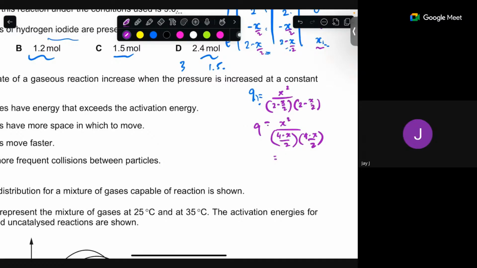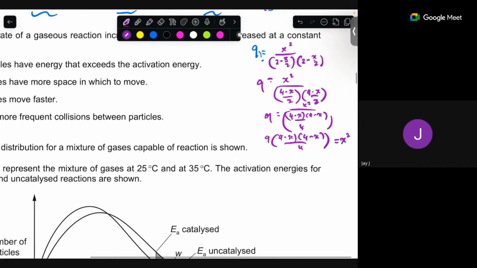This will be 4 minus X, 4 minus X, is 2, 9. 9 times 4 minus X, minus 8X plus X squared.